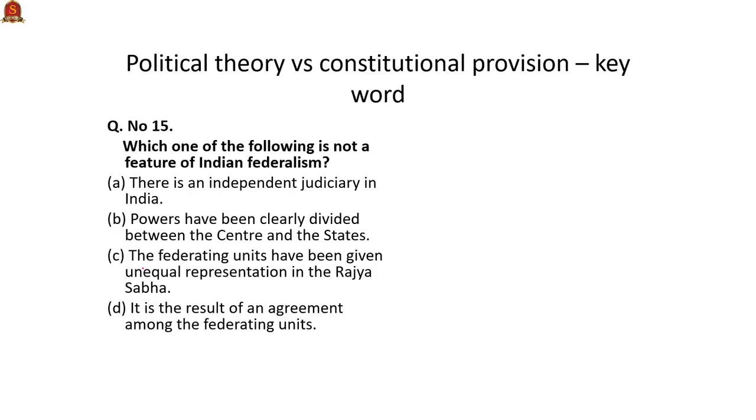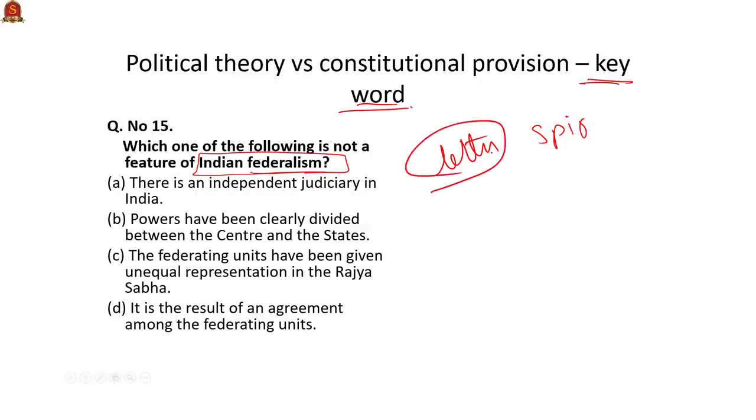Okay, then which of the following is not a feature of Indian federalism? Now this is also a political theory. Even though federalism is a political theory, now they have clearly mentioned the Indian federalism keyword. Now, should we answer based on the letter of the constitution or the spirit of the constitution? Since they have said Indian federalism and they have used the constitutional provisions, you go by letter here.